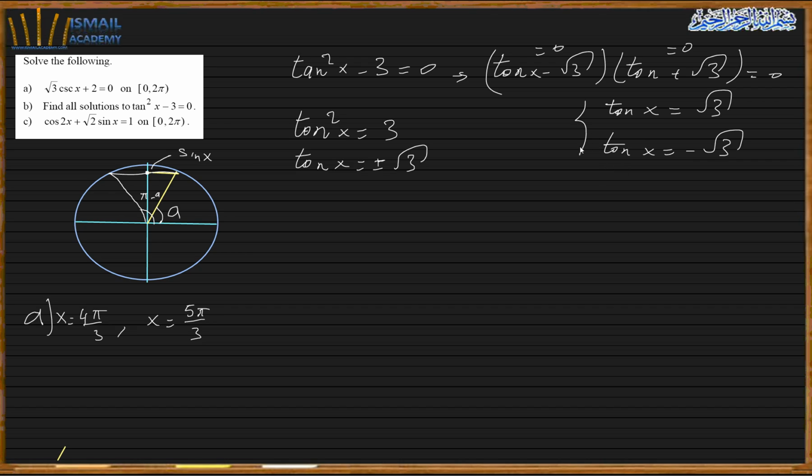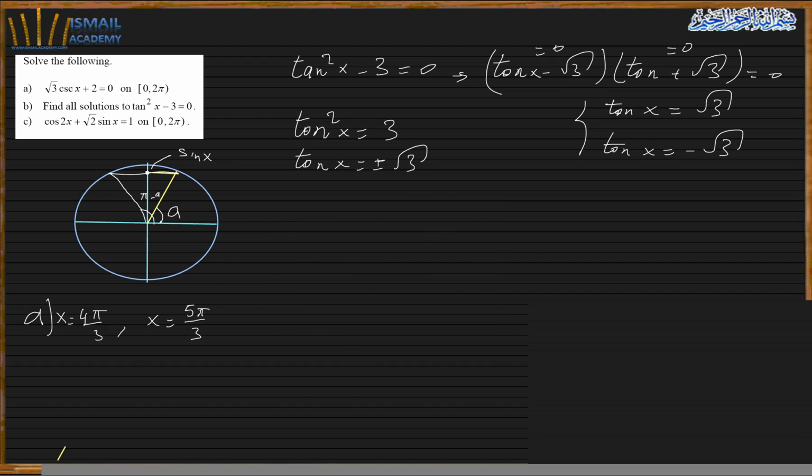Now I need to find out which tangent gives me square root of 3. So I know that tangent of pi over 3 gives me square root of 3, because sine of pi over 3 is square root of 3 over 2, and cosine of pi over 3 is half. So if I do sine over cosine, I will have square root of 3 because the 2 will cancel out. So here I know that tangent pi over 3 is my key.